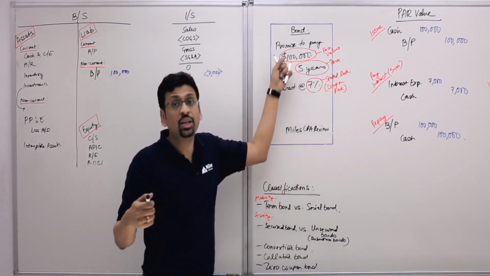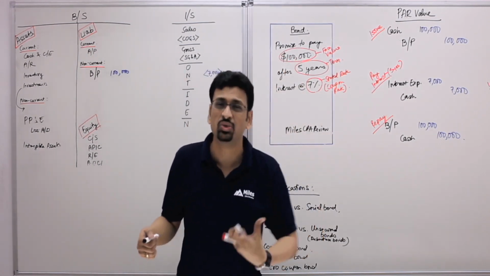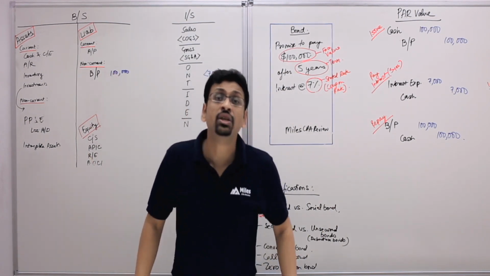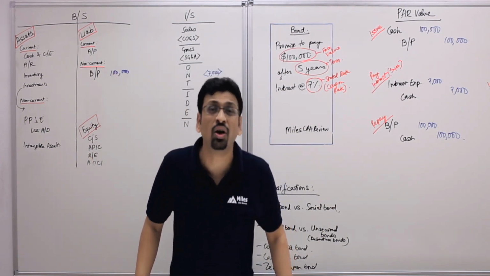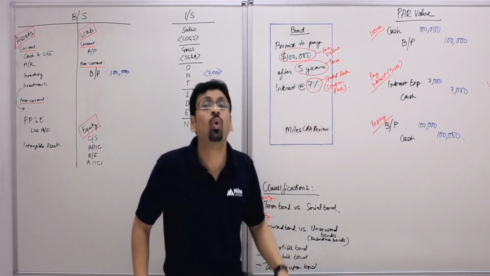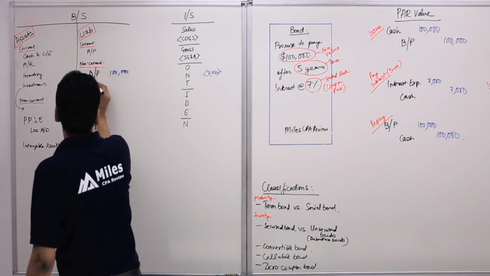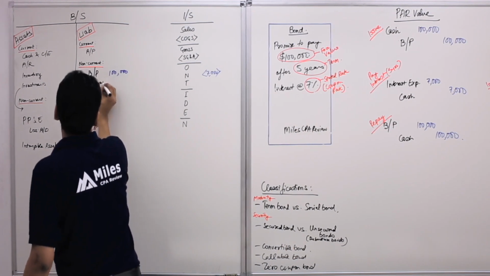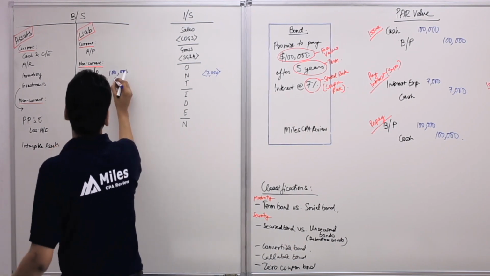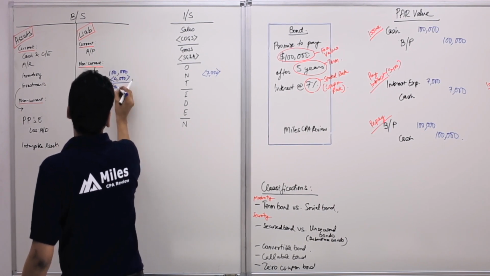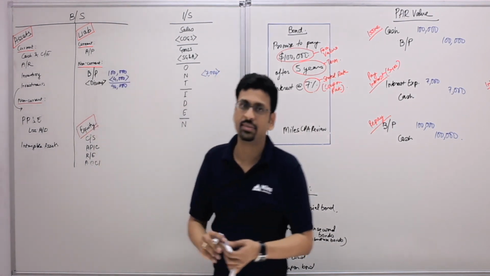Because the face value of the bond is $100,000. But have we borrowed $100,000? No, we just got $96,000 because our stated rate was less than market. So then we gave a discount of $4,000. The carrying value of the bond, that was 96.